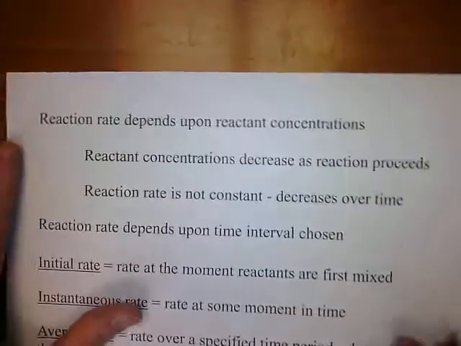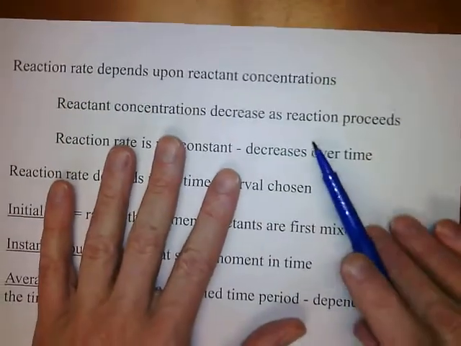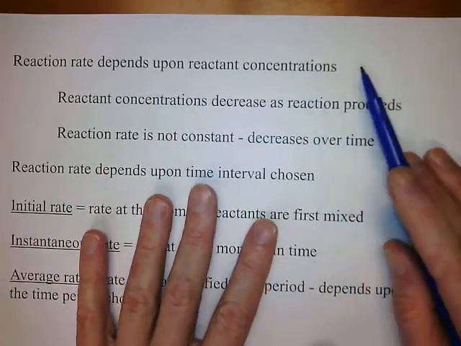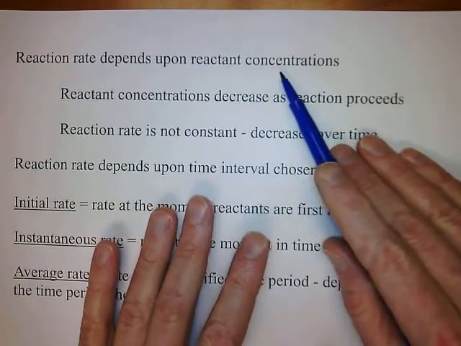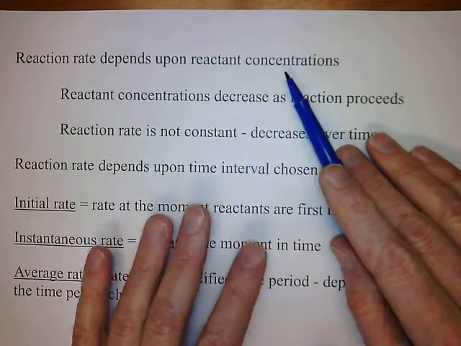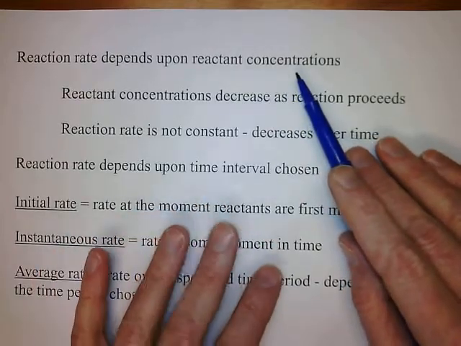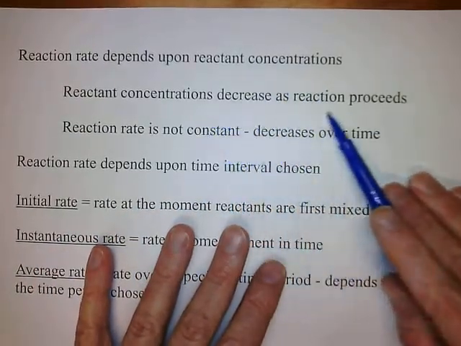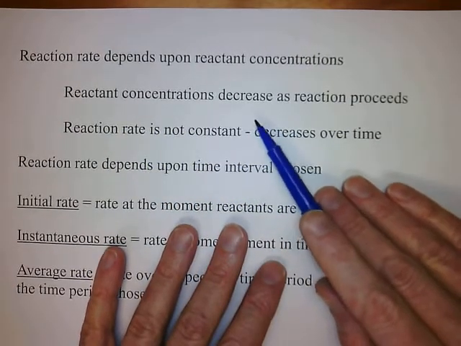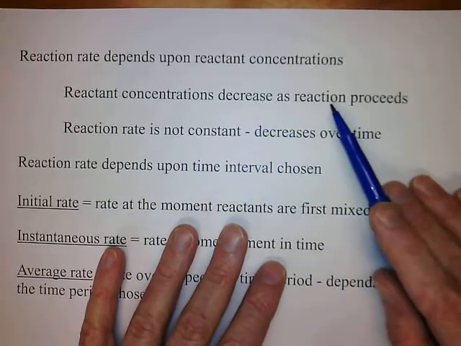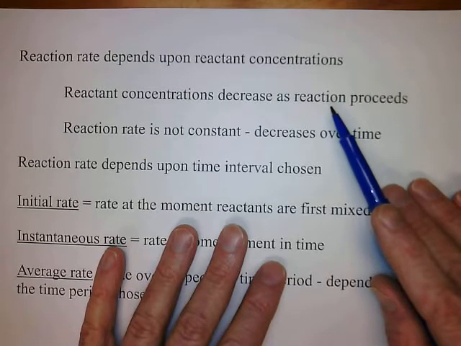All right? So reaction rate depends upon concentration. That was one of the things that we just listed that influences reaction rate. The problem is that the reactant concentrations decrease as the reaction proceeds.